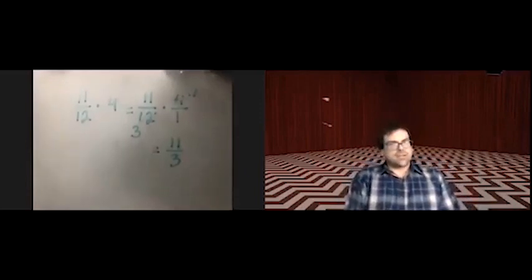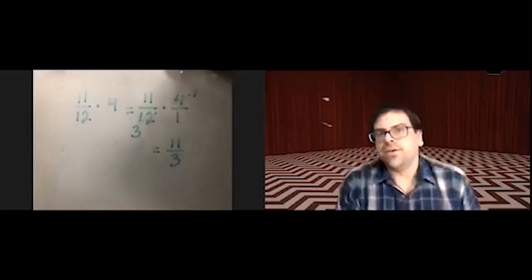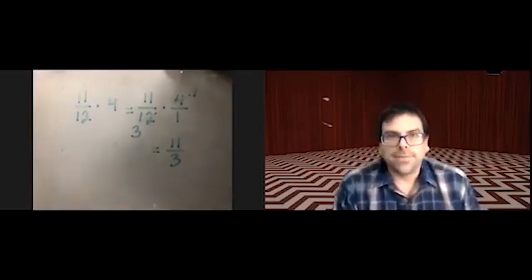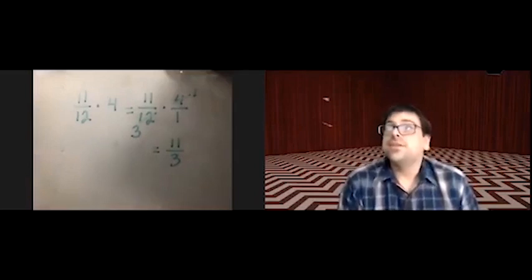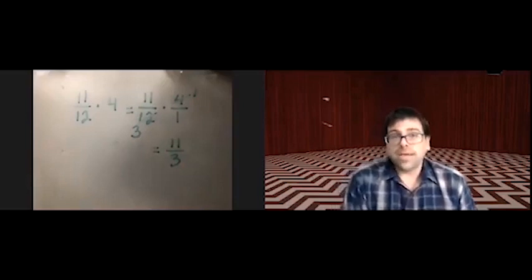We need to ask ourselves, can we leave it 11 thirds, or do we have to turn it into a mixed number? And when you get into homework problems, you might get the direction, simplify your answer, type a whole number, fraction, or mixed number.